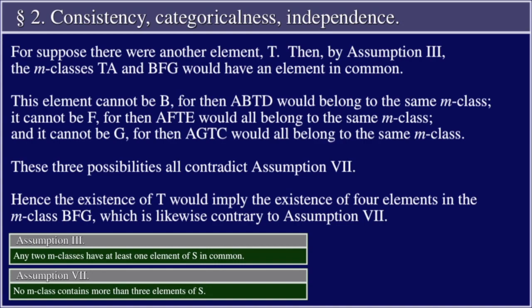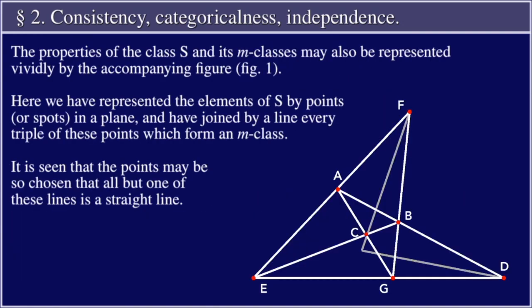Hence, the existence of T would imply the existence of 4 elements in the M class BFG, which is likewise contrary to assumption 7. The properties of the class S and its M classes may also be represented vividly by the accompanying figure, Figure 1.